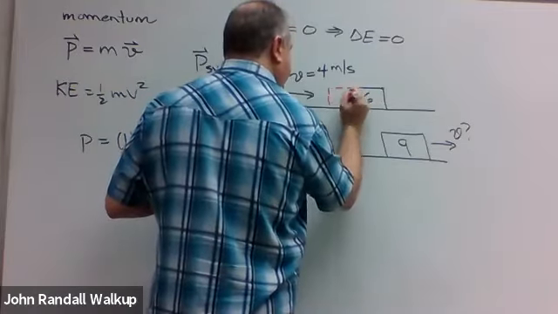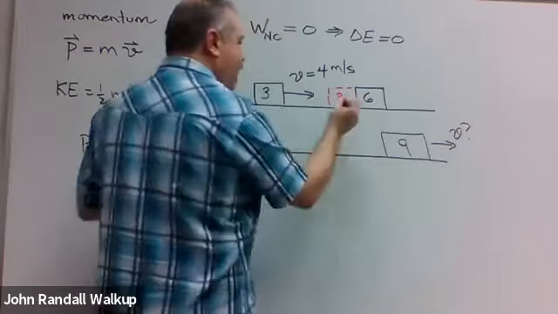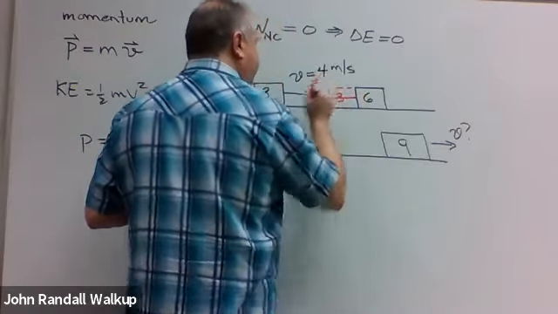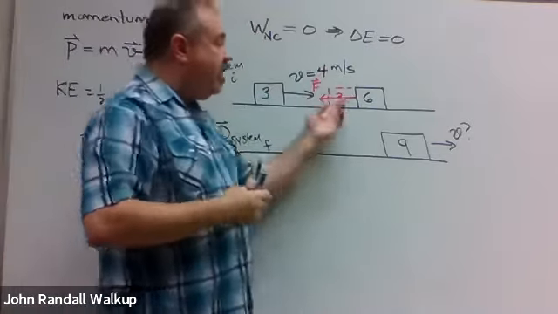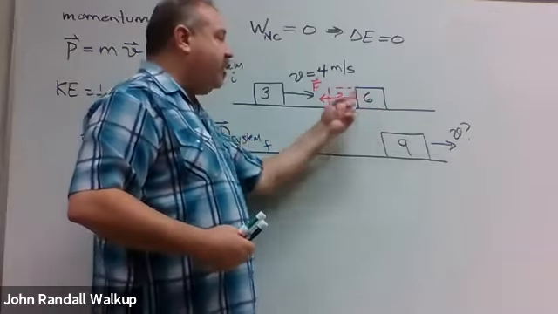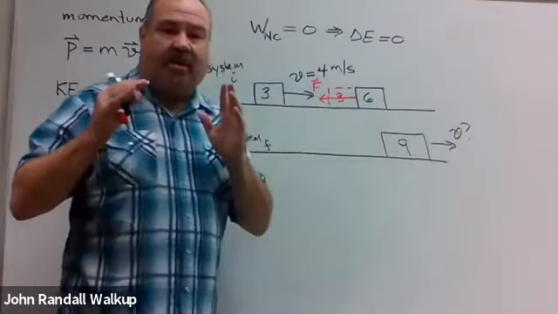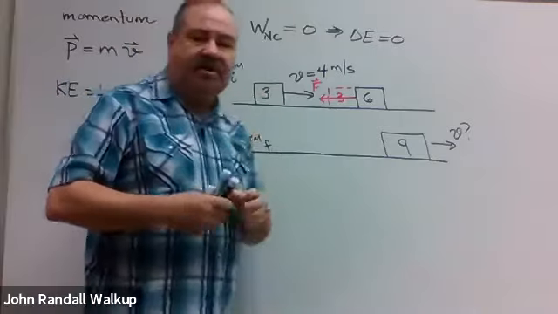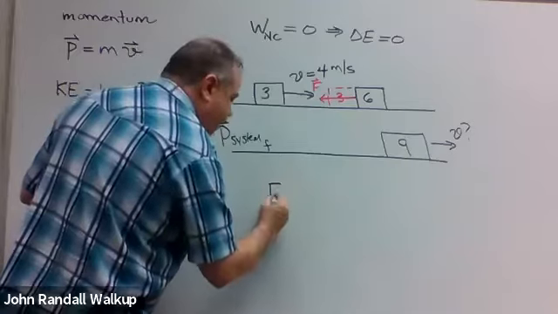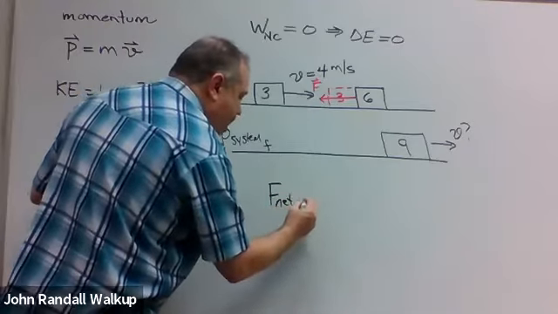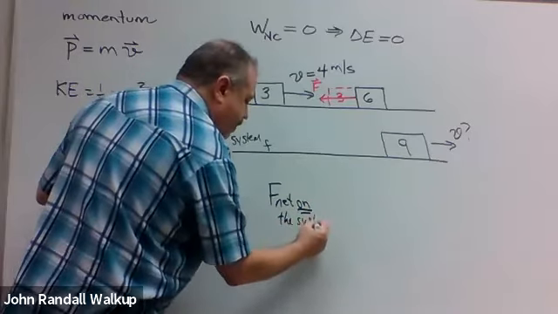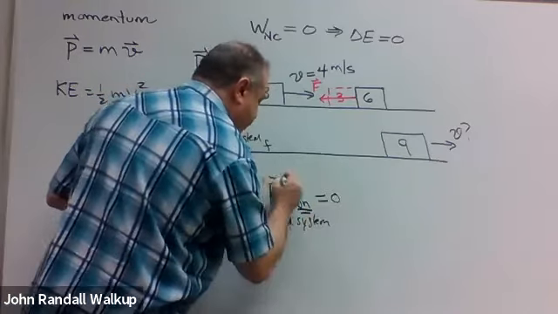So here's your 3 kilogram, and the 6 kilogram applies a force to it. Now, the 3 kilogram applies a force to the 6, and the 6, of course, applies a force to the 3. But remember, if we are going to look at momentum conservation, the question is, is the net force on the system equal to 0?